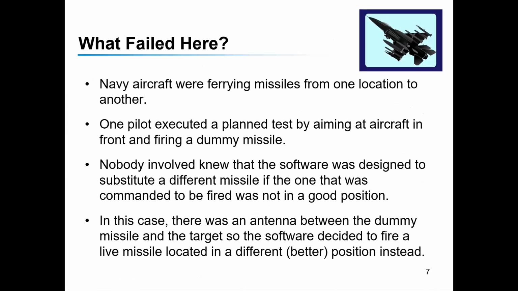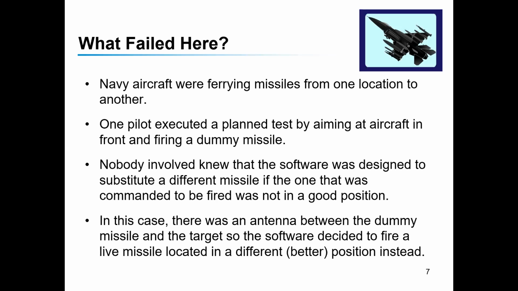So what failed here? Some Navy aircraft were carrying missiles from one location to another, and the missiles were on the bottom of the wings of the aircraft where they're usually carried. One pilot executed a planned test. He was told to aim at the aircraft in front and fire a dummy missile just to test the equipment.